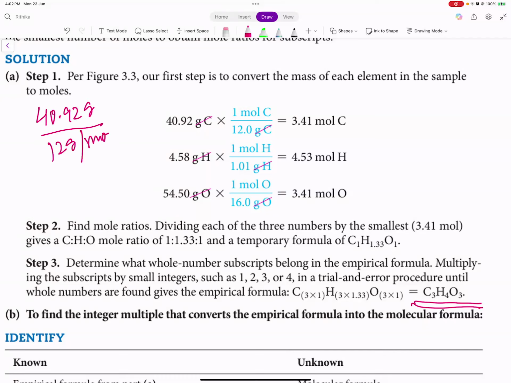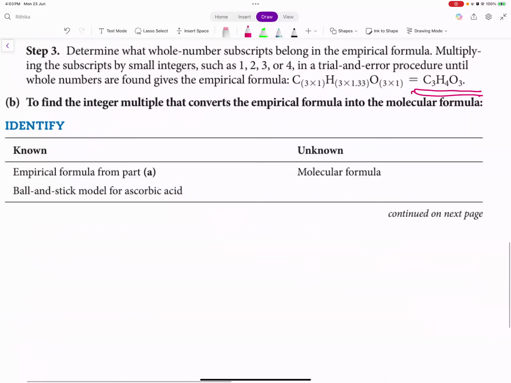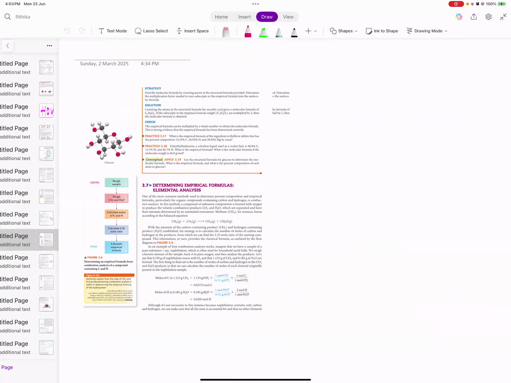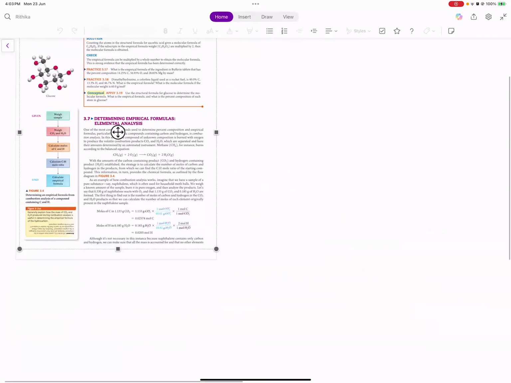Right? Yes, sir. Done. Great. And then I gave you the formula mass and you were able to calculate, right? Yes, sir.